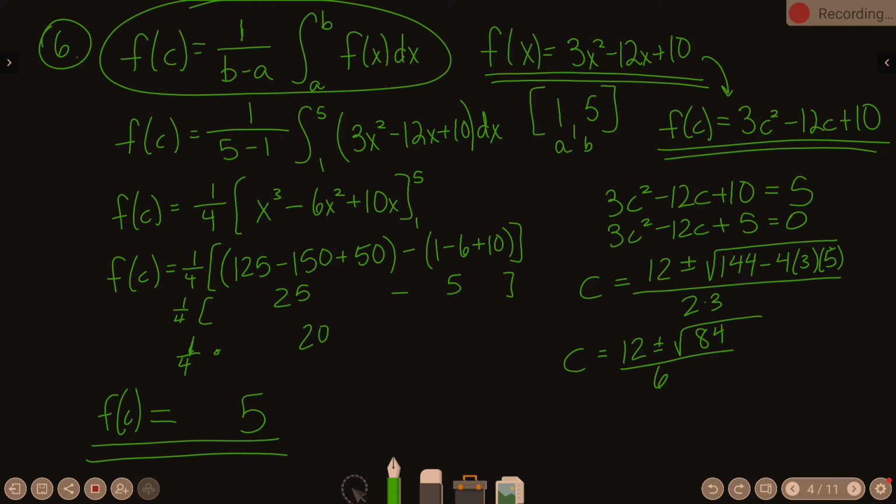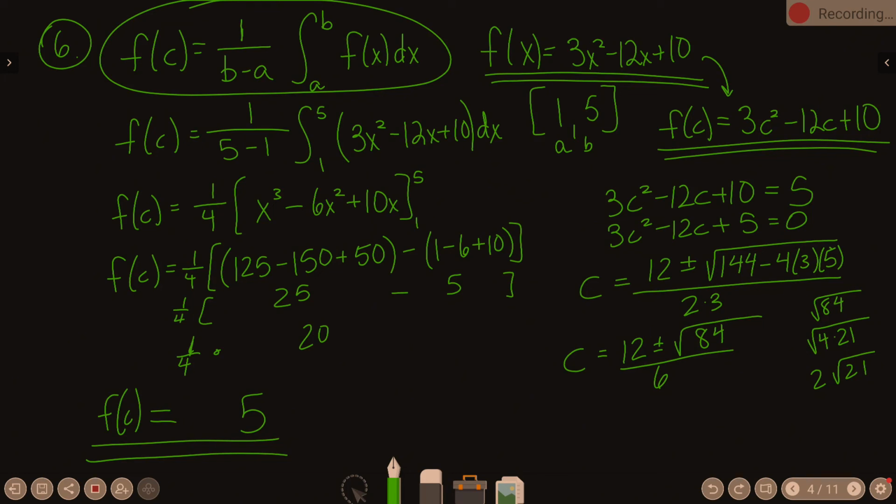Now, technically, the square root of 84 has a perfect square in there, because 84 divides by 4. So the square root of 84 is the square root of 4 times 21, which is 2 square root of 21.